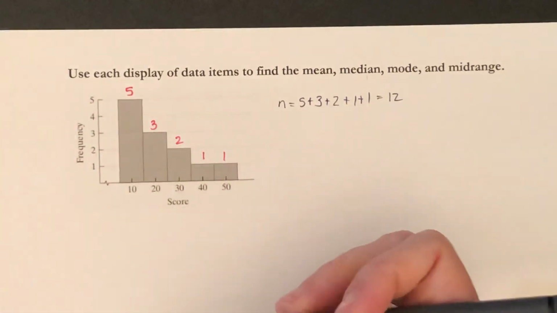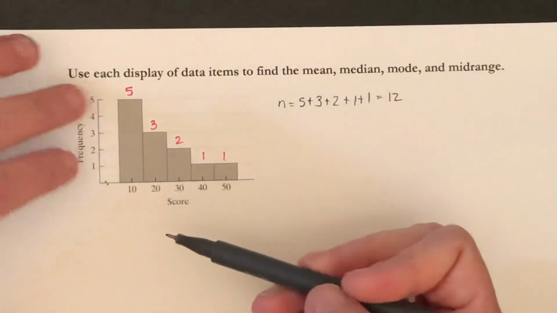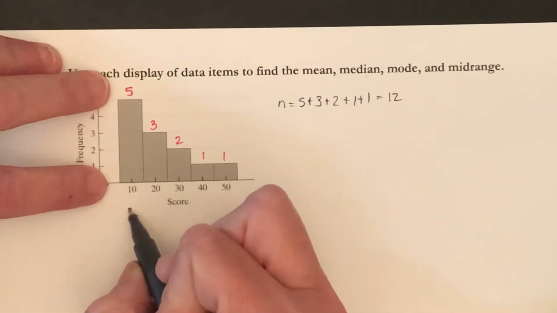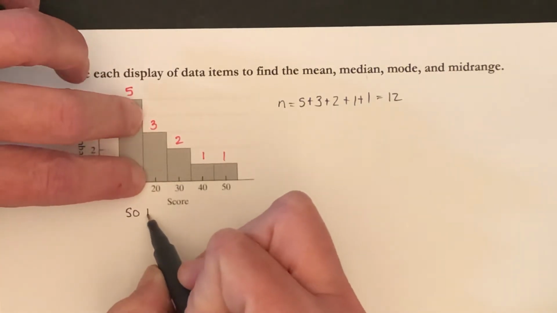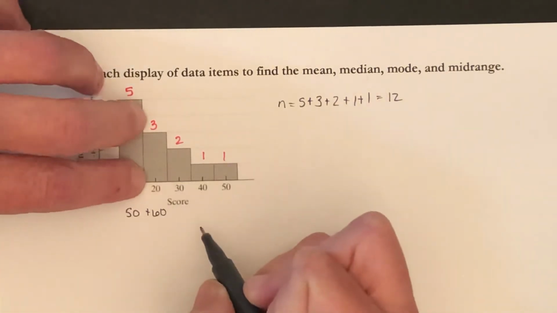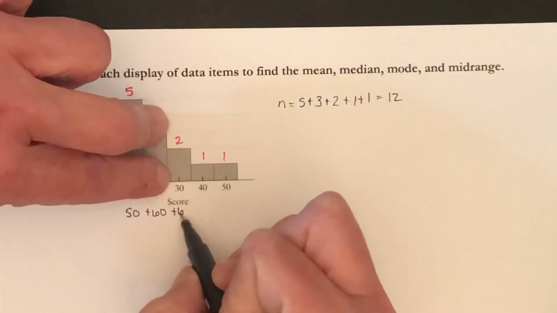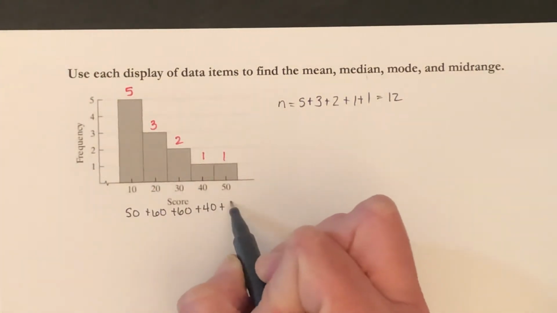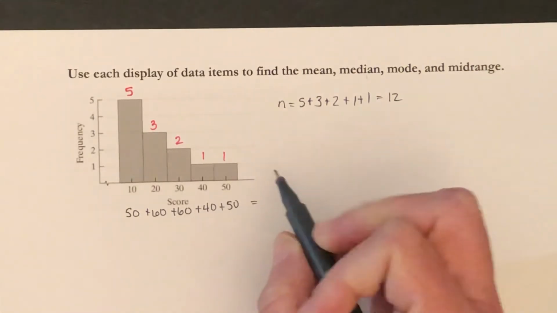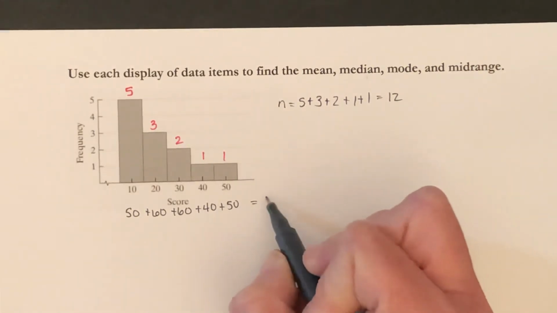Now, just like we did on the other, we need to do the multiplication. 5 times 10, 50. That is 60. I'm going to be adding these together. And another 60. And then 40 and 50. If you add all these together, you get 260.